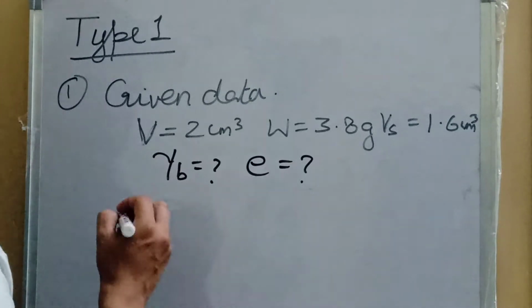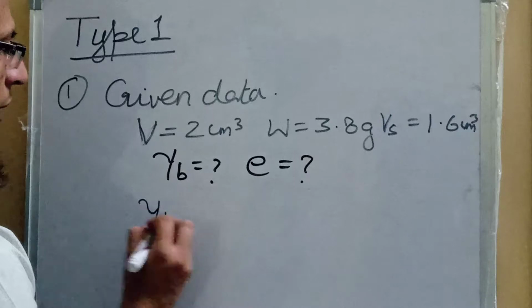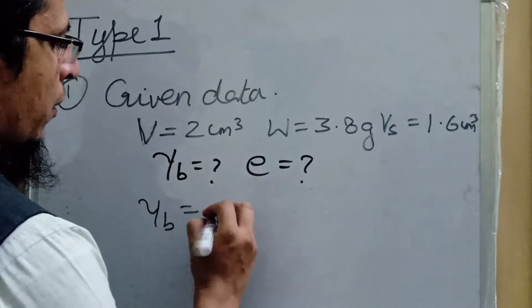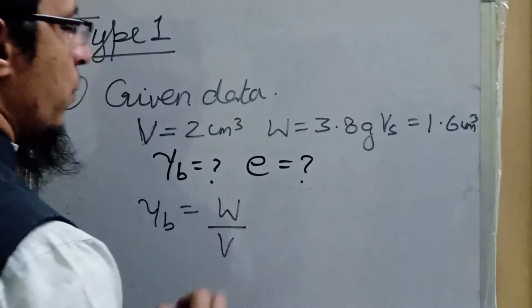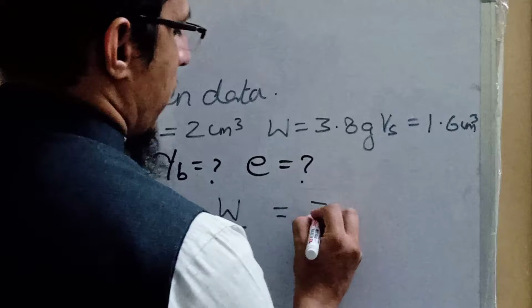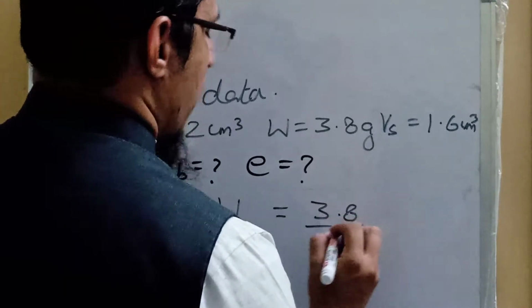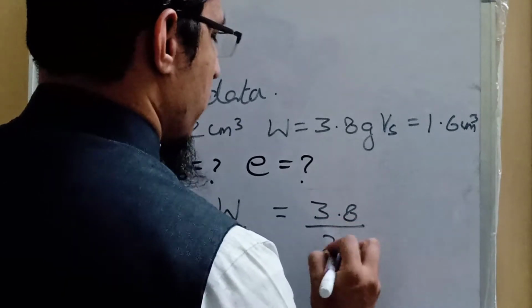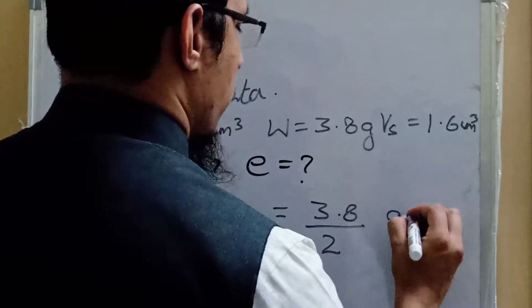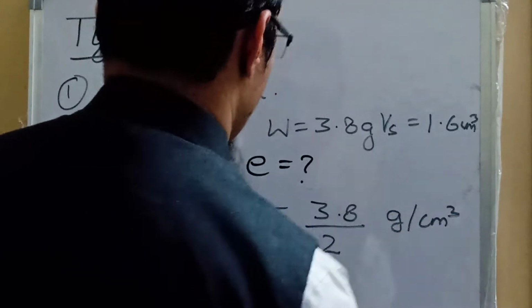We can simply write that bulk density is equal to total weight upon total volume. So total weight is given as 3.8 and volume is given as 2, and this is in grams and this is in centimeter cube, so we can say gram per centimeter cube.